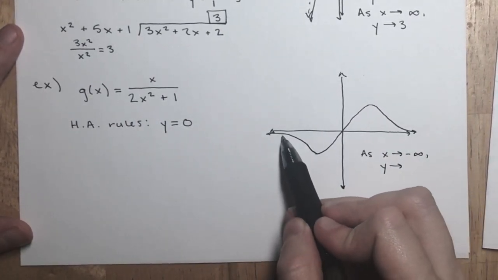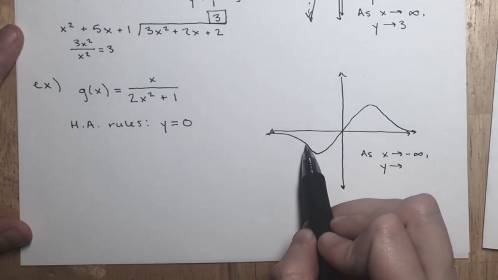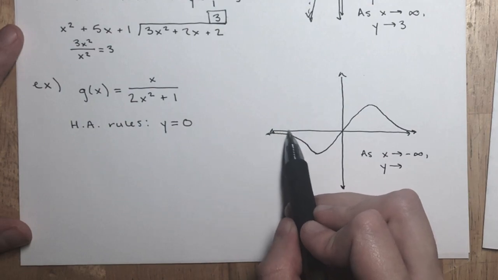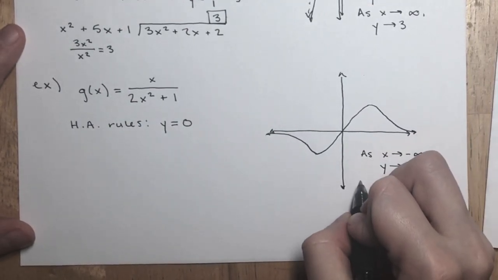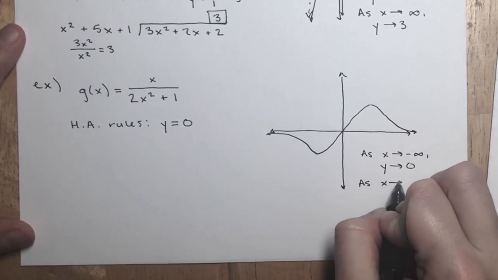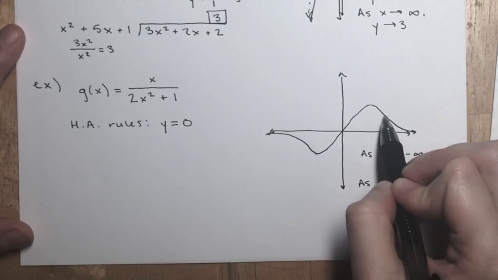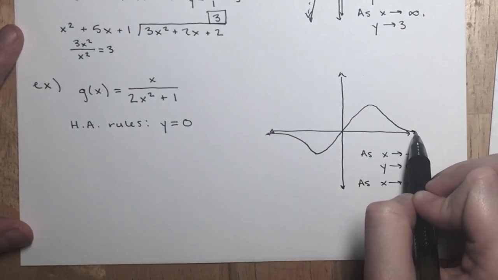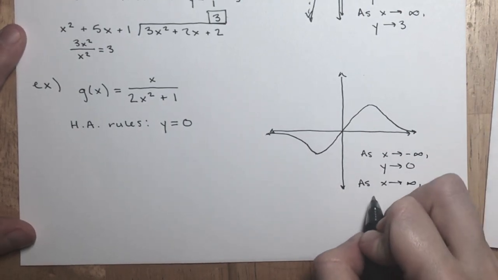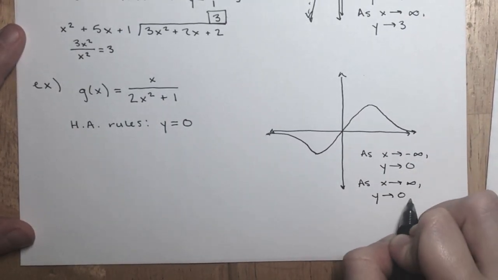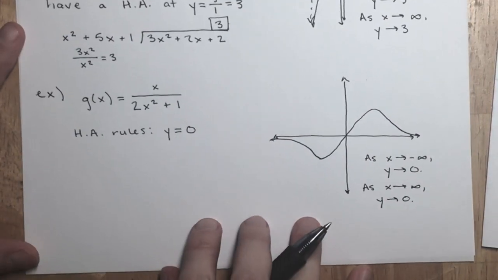As we go off the graph to the left, horizontally we're moving left, vertically we're getting really, really close to 0. As x approaches positive infinity, as we move off the graph to the right, vertically we're getting really, really close to 0. Y is approaching 0.